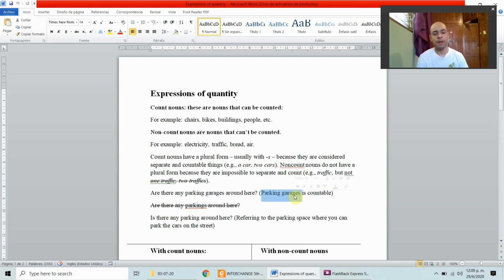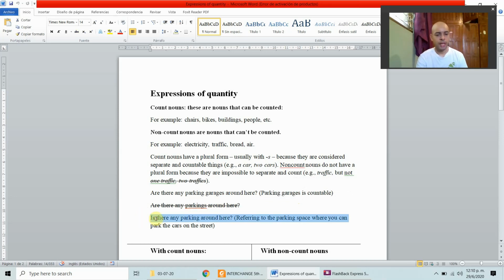A parking garage is a place inside a house or a building that is there to put cars in it. But parking in general refers to spaces where you can put cars on the street, or maybe inside a supermarket, for example. There is parking there.